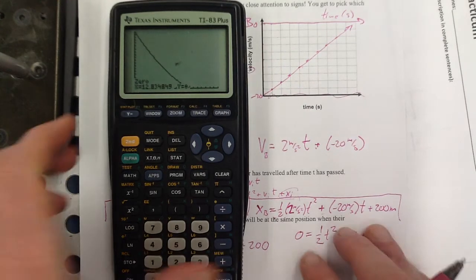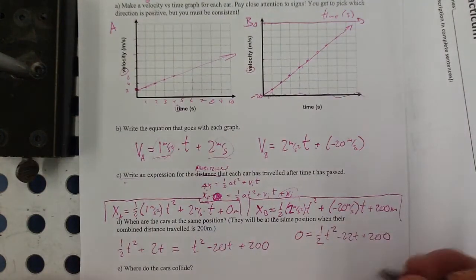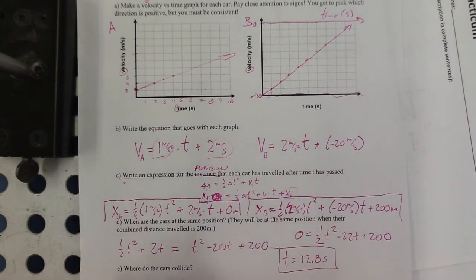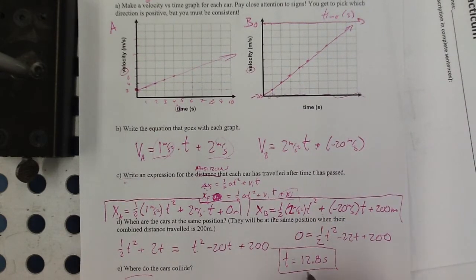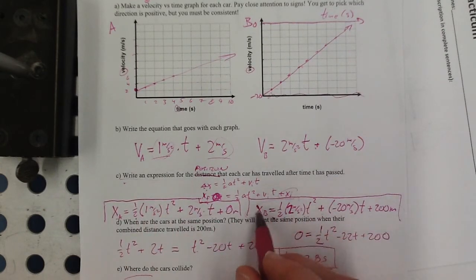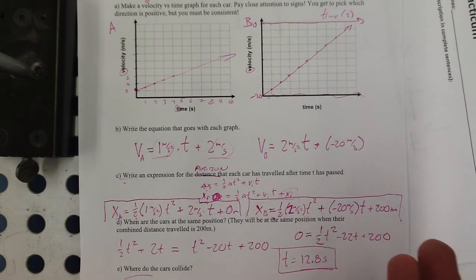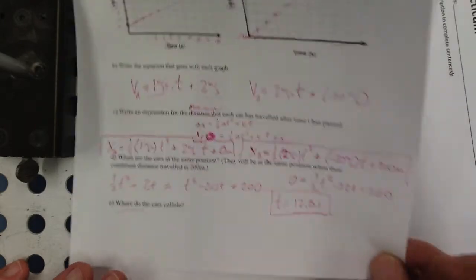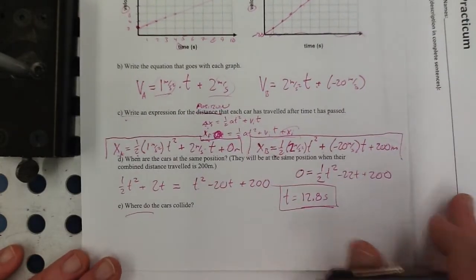Like 12.8. And where do they collide? Well, I got this 12.8 now. I can plug that into this equation and plug it into this equation. And either one of those will give me the right answer, but it's a nice check to do it with both of them. So you can see that you get the right answer both ways.